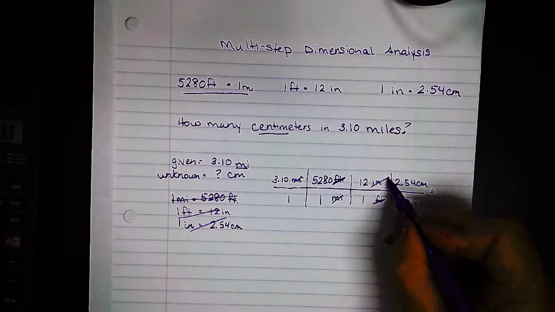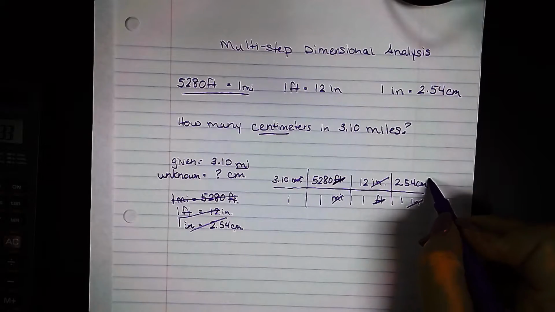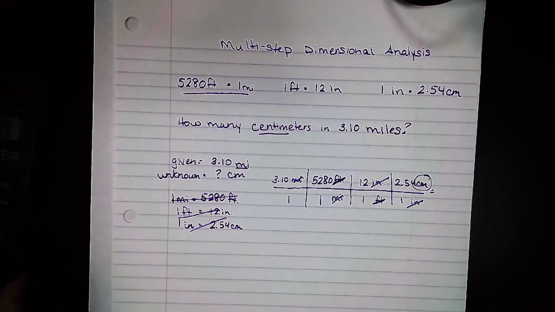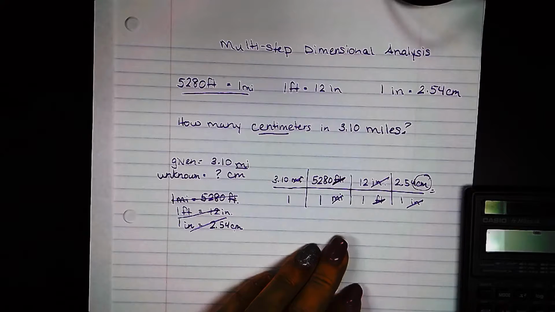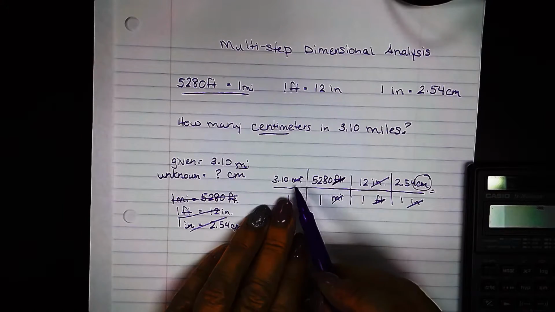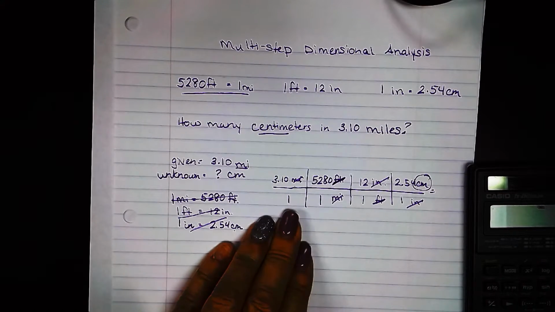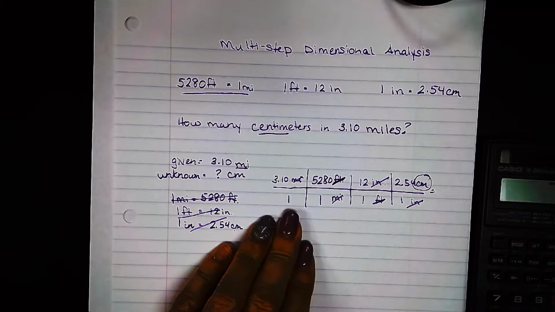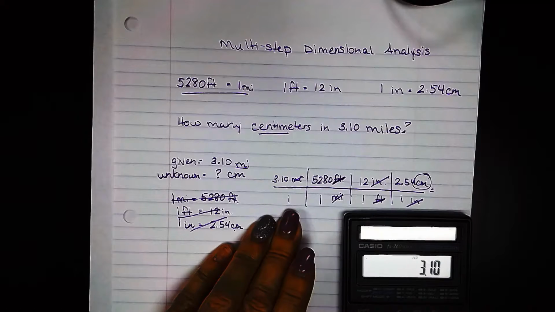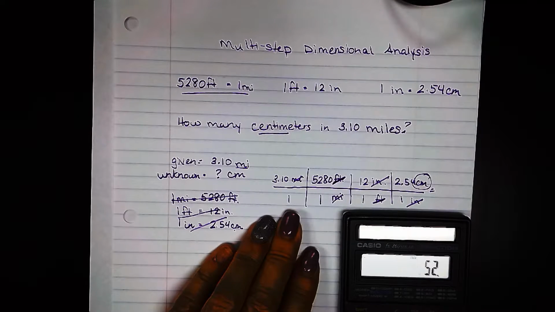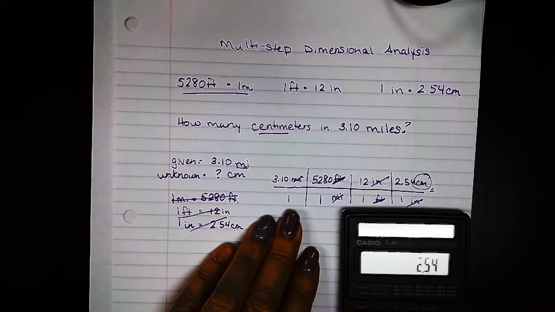I've used that equality statement. My units all cancel out, and I end up with centimeters. Okay? So, if we look at this, since there's only ones on the bottom, I'm going to multiply everything across the top. So 3.10, let me put my calculator up here, times 5,280 times 12 times 2.54.